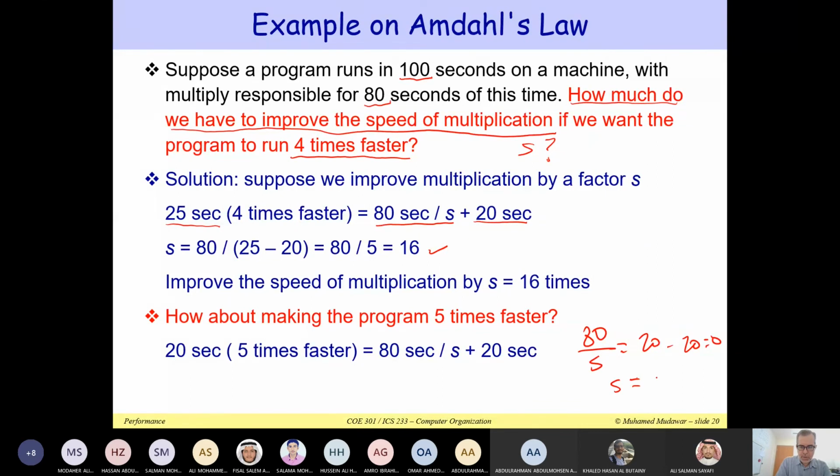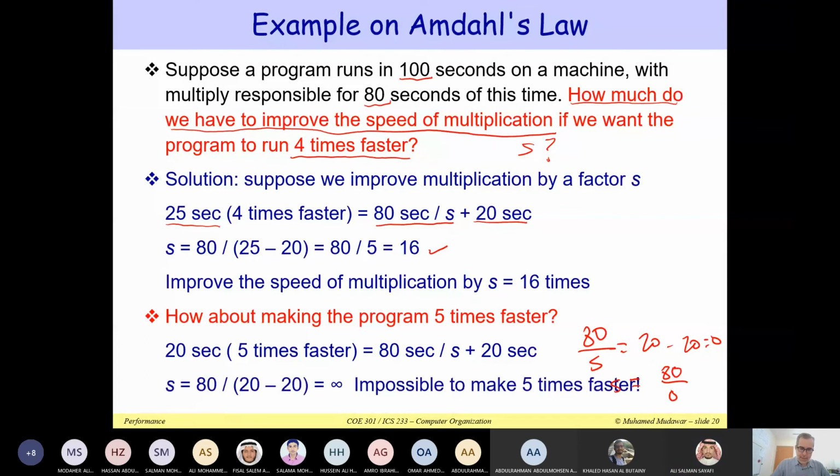What is S? It's 80 divided by 0, which is infinity. So it's impossible to make it 5 times faster.